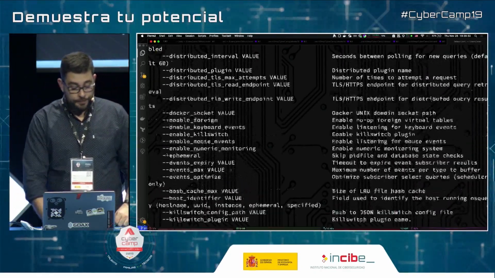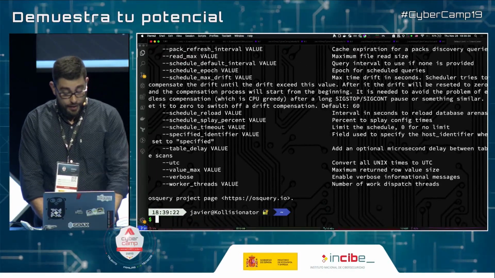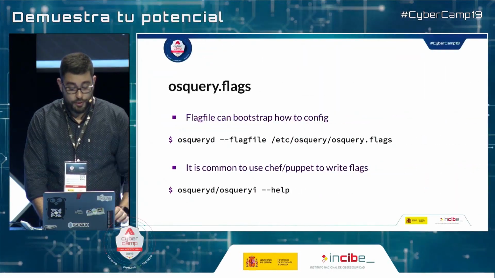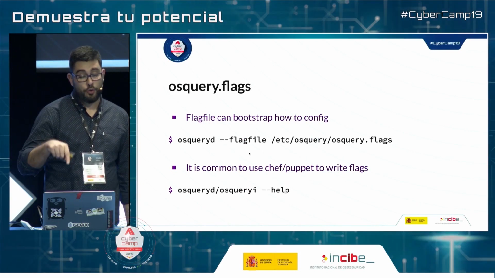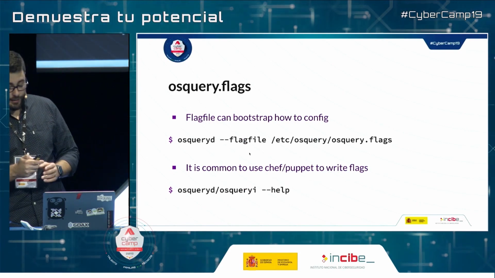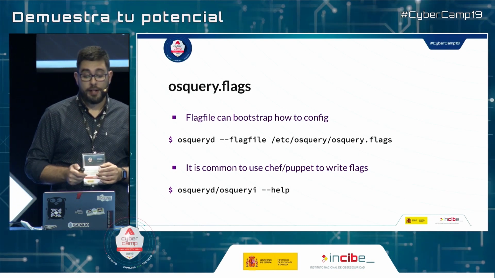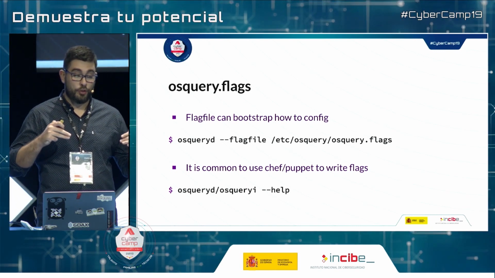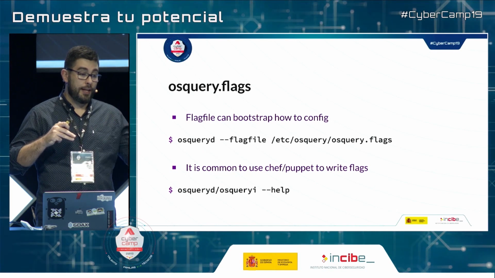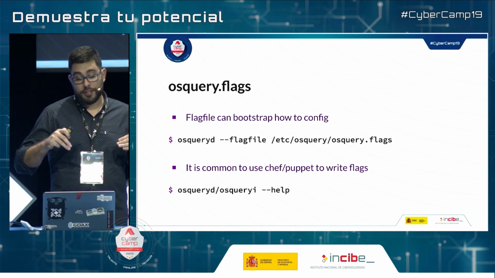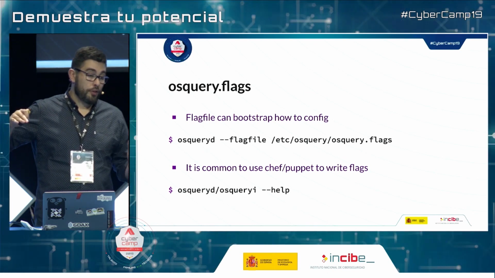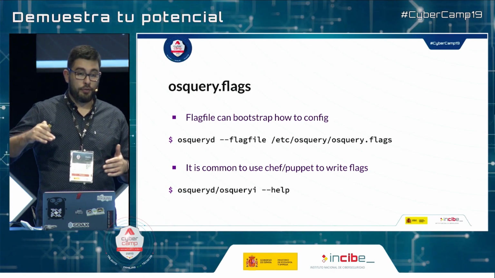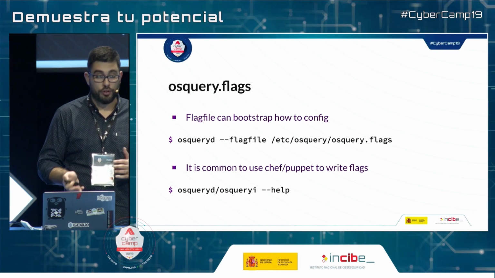So these are very well documented on the wiki, and the way you can configure these flags, well, you actually have two options. You can either give the daemon the flagfile parameter, where what you're doing is just adding all the parameters you want line by line on a flag file, or you can just have a JSON configuration file.